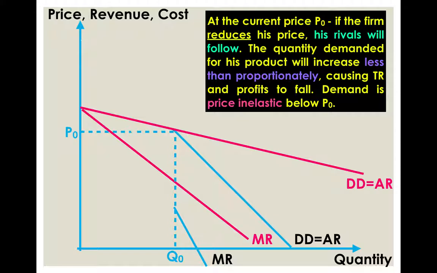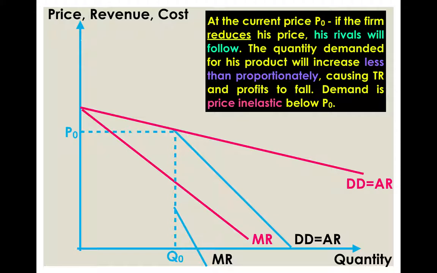So the increase in quantity demanded that he experiences will probably not be so much. It will be less than proportionately to the decrease in prices, and this will cause the TR and profits of this firm to fall. So below P0, demand faced by this firm is actually price inelastic.